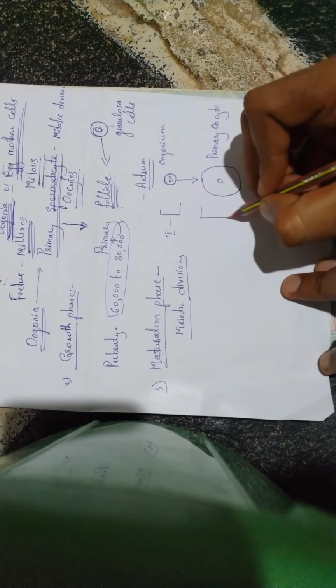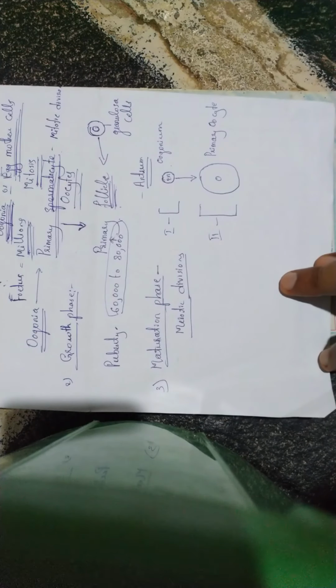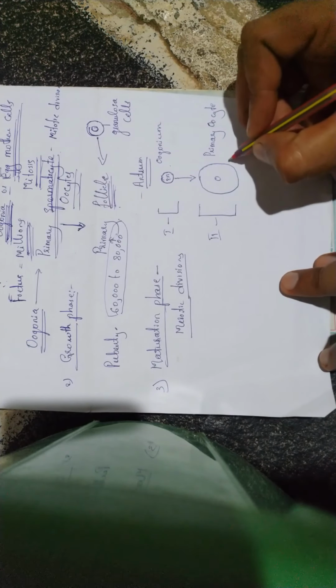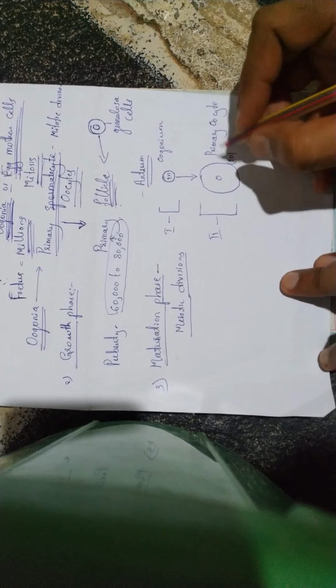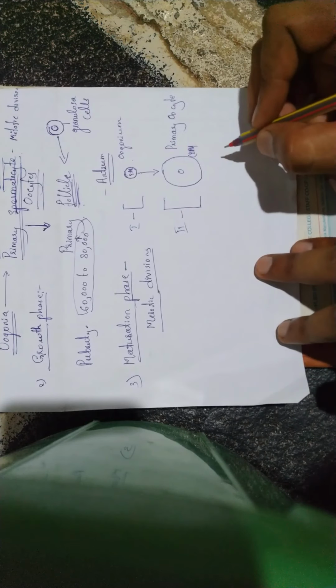This phase is called the second phase, the growth phase. It also has 2n, meaning 46 chromosomes.